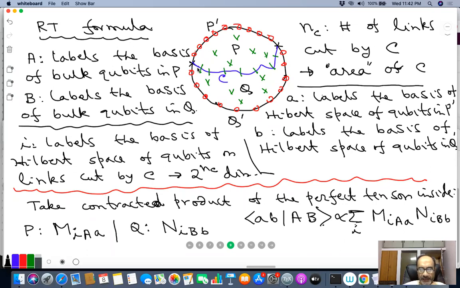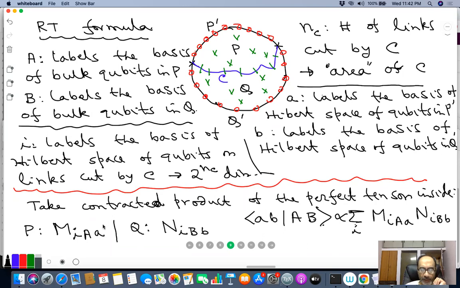So I labels the Hilbert space states here, and A labels the Hilbert space states in the bulk, the capital A, and small a is the Hilbert space states on the boundary. So if we think of M as a matrix in that way, namely I and capital A are the input index and small a is the output index, and with that interpretation, if it happens to be an isometry, then the claim is that the Pis are orthonormal.